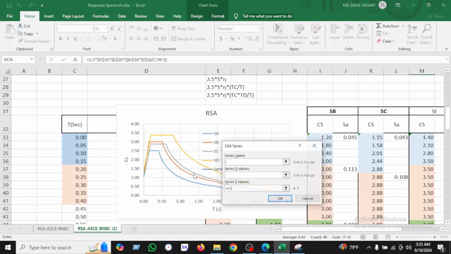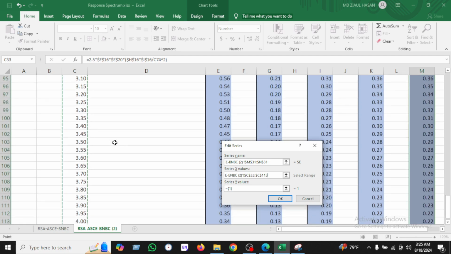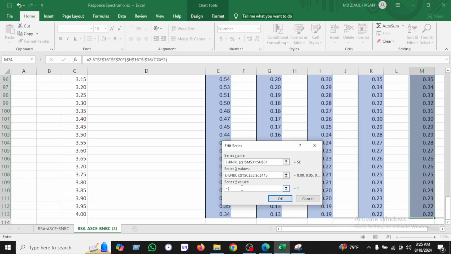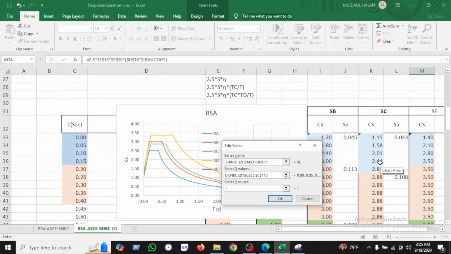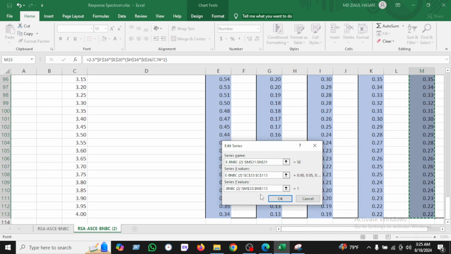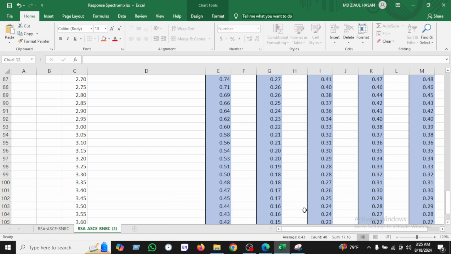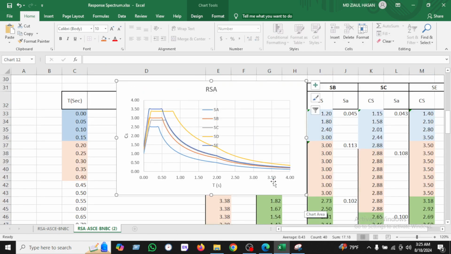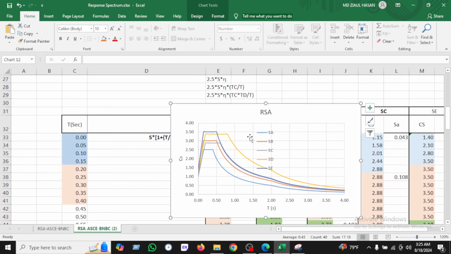In the way of SE. So for SE, the x-axis will be time period, and the y-axis will be CS. CS is the normalized oscillation response spectrum. So finally I have drawn the response spectrum here.